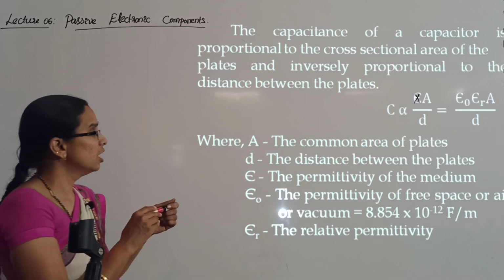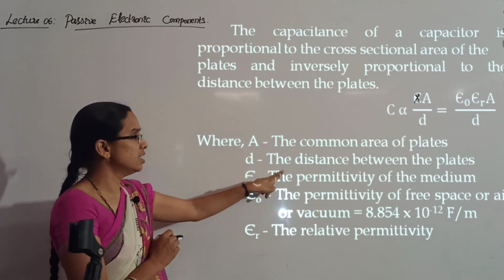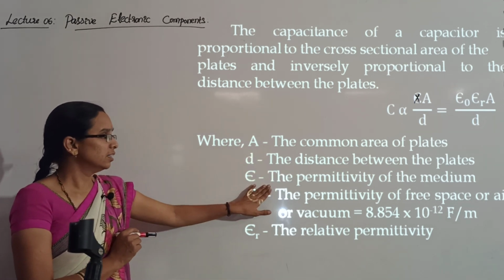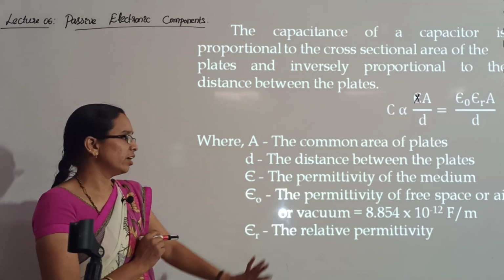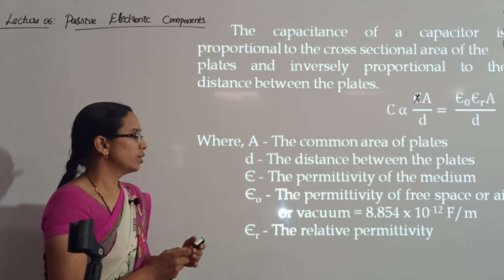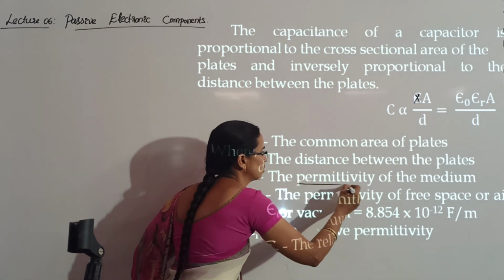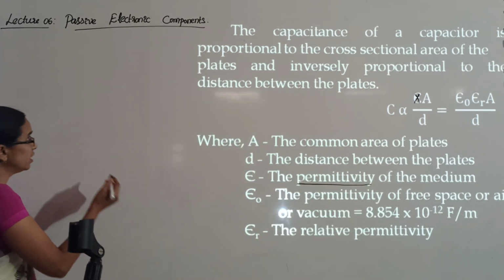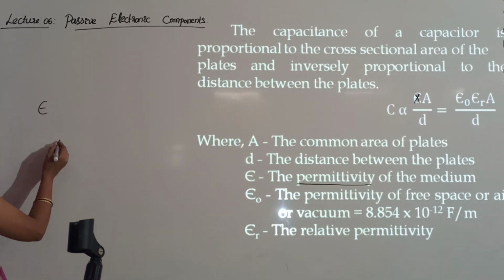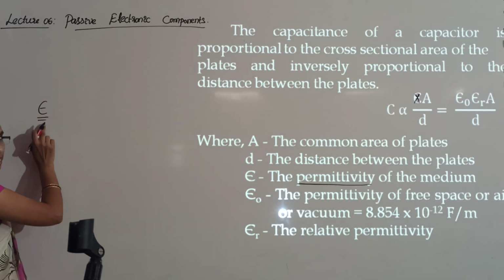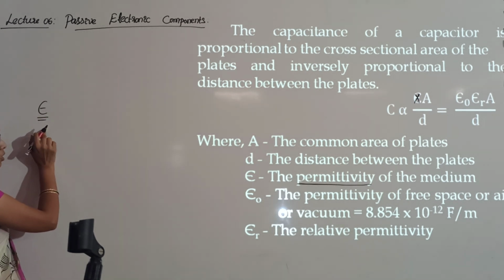Where A is the common area of the plates, D is the distance between the plates, and epsilon is the permittivity of the medium. Epsilon naught is the permittivity. Permittivity is denoted by the symbol epsilon.